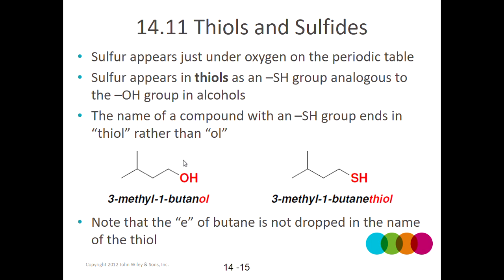So if you make an organic compound that has a sulfur in it, chances are, if it's volatile and it has the ability to evaporate, it's going to smell pretty bad. So we try to generally avoid that unless we really have no other option.